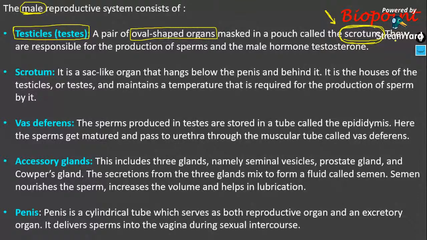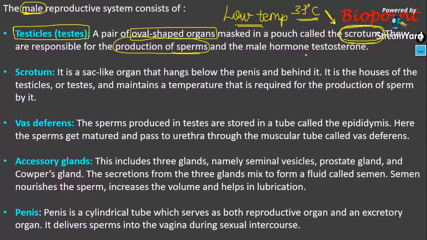For the formation of the male gamete, what is the male gamete? The male gamete is the sperm. For the production of sperms, a low temperature is required compared to our body temperature. Our body temperature is 37 degrees Celsius, right?